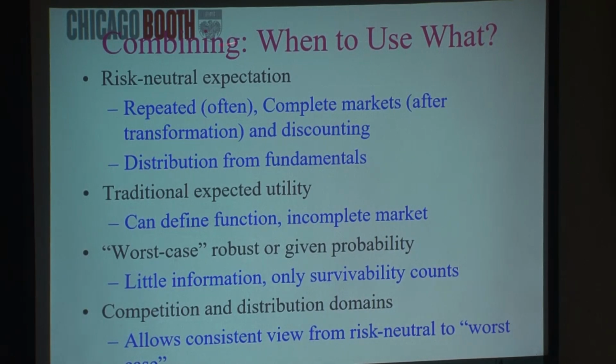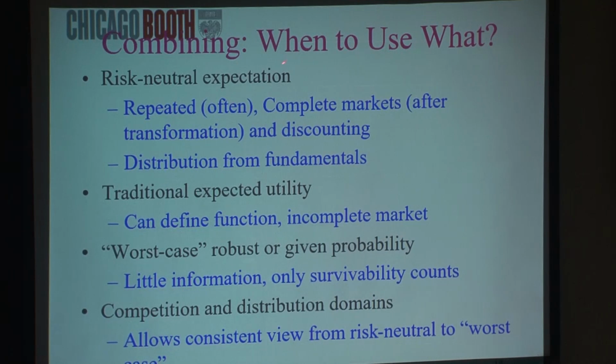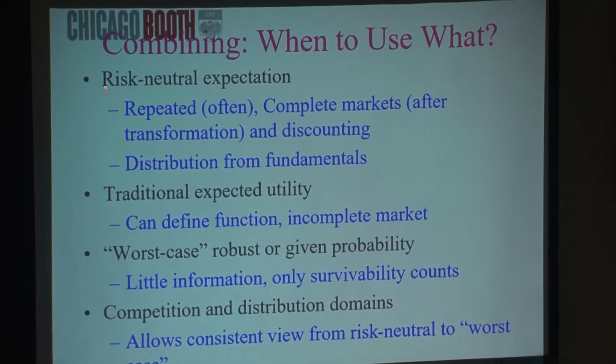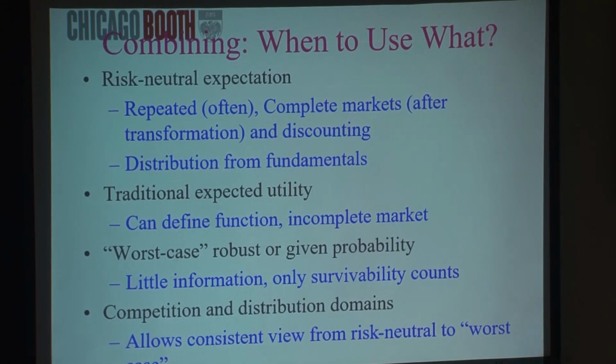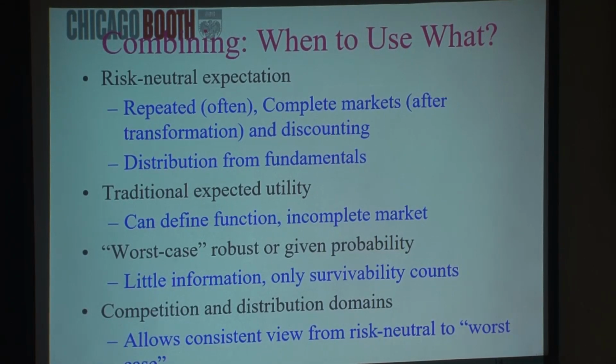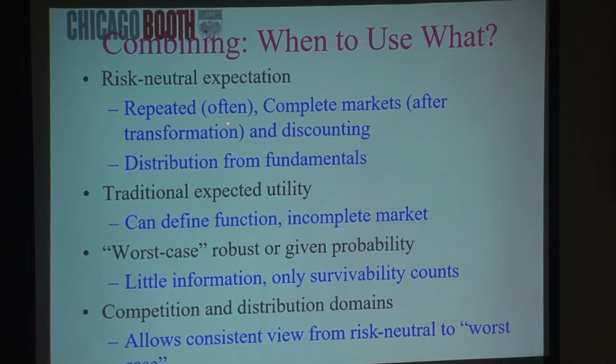Just to summarize this, I started off, I said risk neutral. If I just have risk neutral, just take expectations, just take the expected value. That makes a lot of sense when things are repeated a lot.